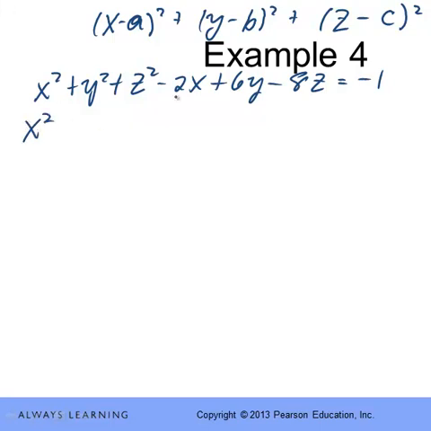We have x squared minus 2x, and we'll just leave an open spot there, a plus something, and then plus a y squared plus a 6y plus a space that I'll leave there, and then plus z squared minus 8z, and then I'll skip some space and leave my negative 1 on the right hand side.